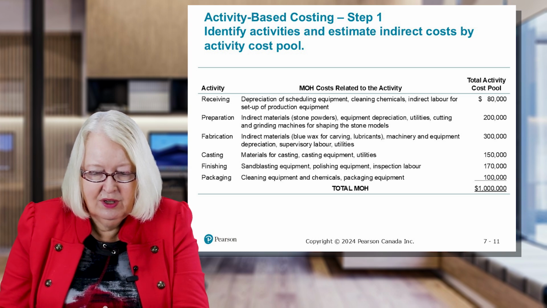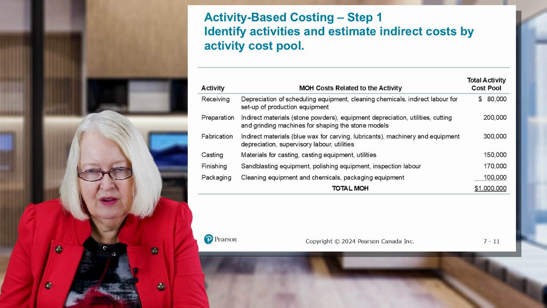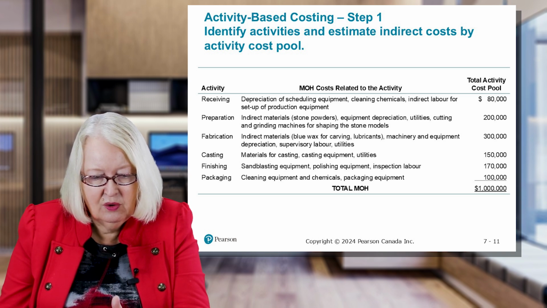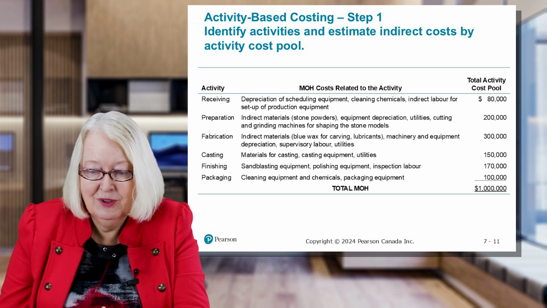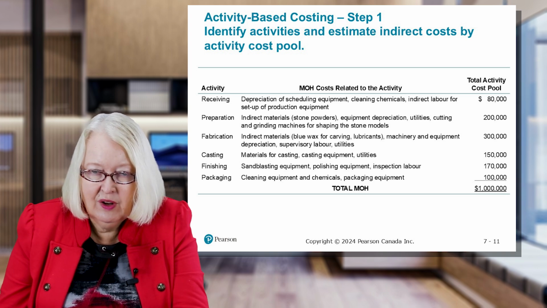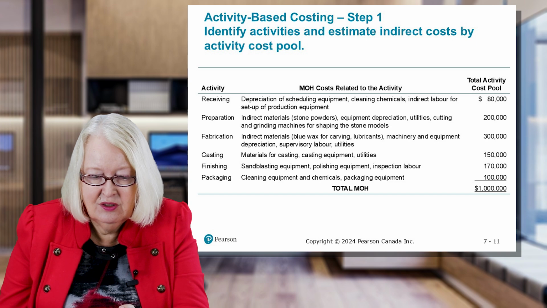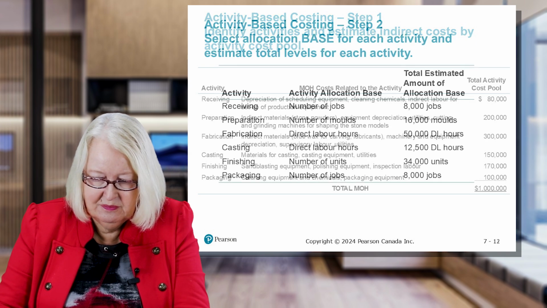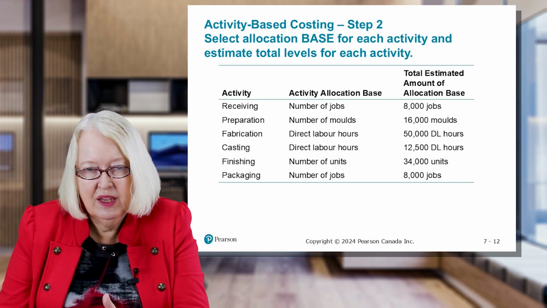So you're breaking down the $1 million into all of the major activities: receiving, $80,000; preparation, $200,000; fabrication, $300,000; casting, $150,000; finishing, $170,000; and cleaning and packaging, $100,000. It's still the $1 million, but now we're getting more granular, breaking it down into these 6 activities.